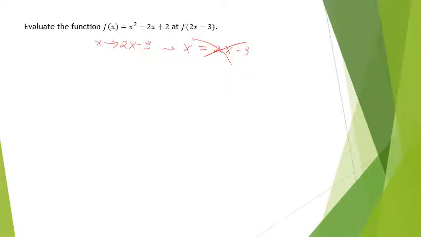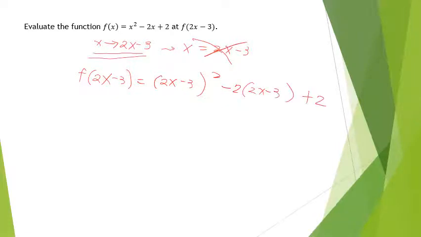Dapat, x must be replaced by 2x minus 3. So, f of 2x minus 3 is equal to, replace lahat ng value ng x ng 2x minus 3. So, 2x minus 3 squared minus 2 times 2x minus 3 plus 2.